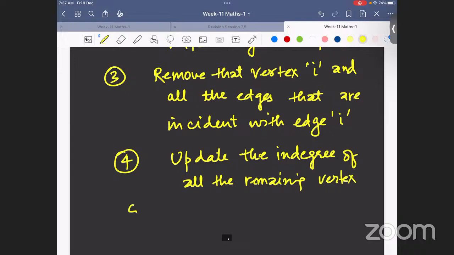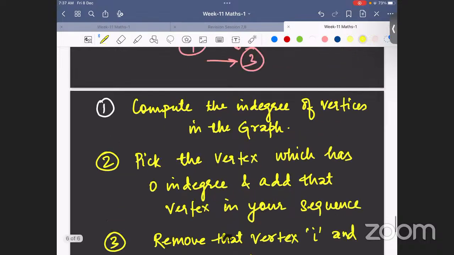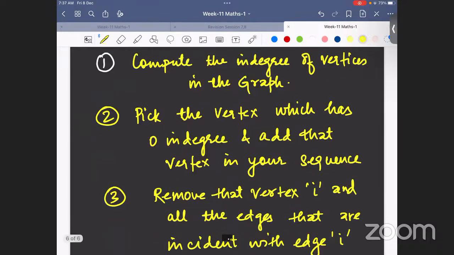Now repeat the whole thing again. So did you understand the steps? What are we going to do to write the topological sequence?